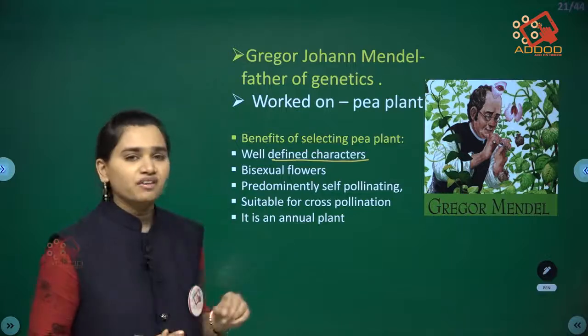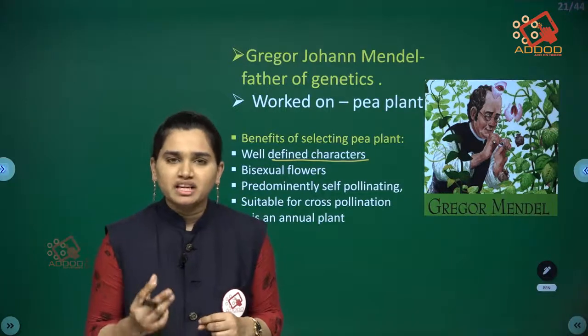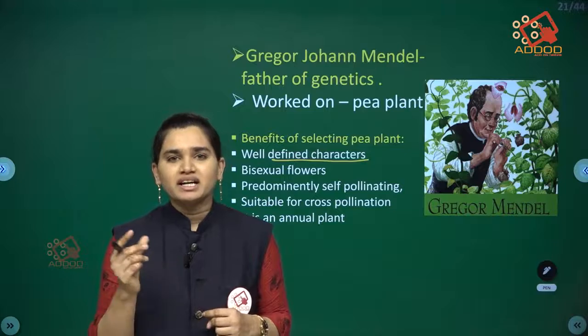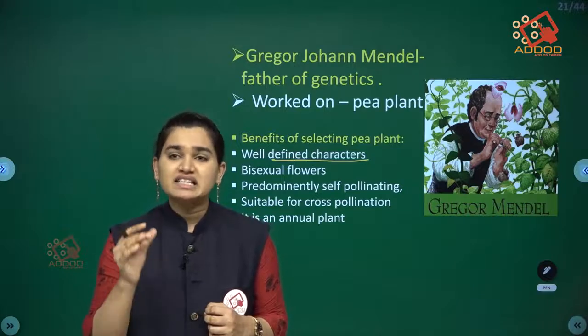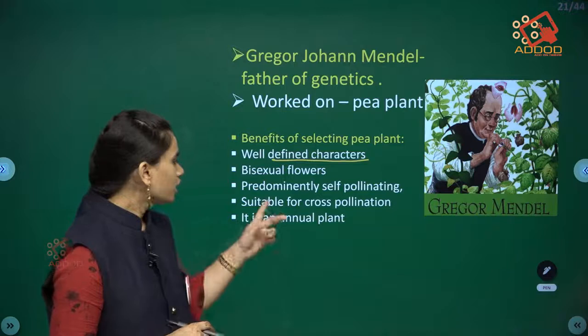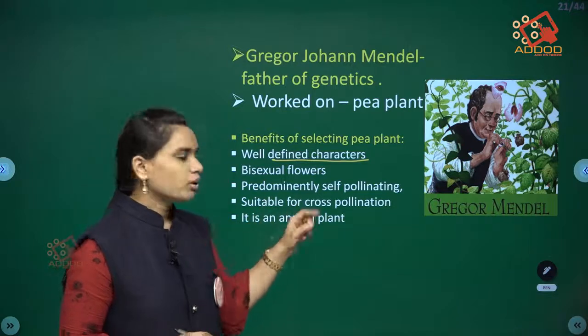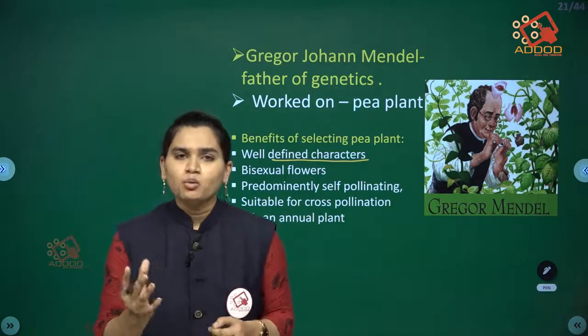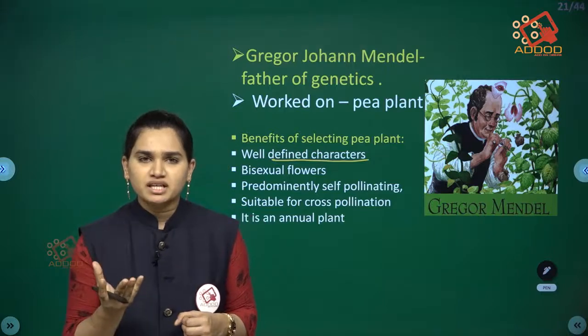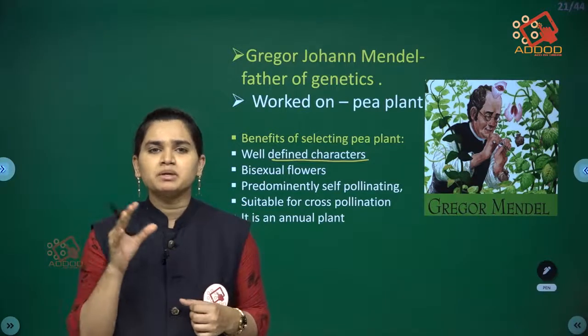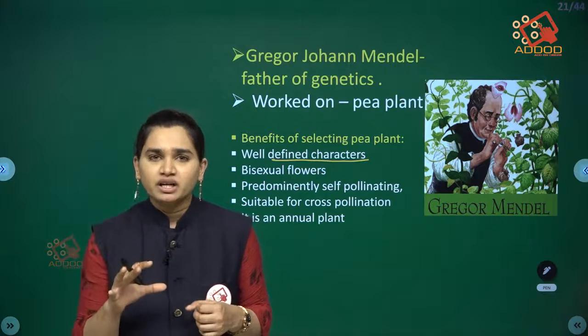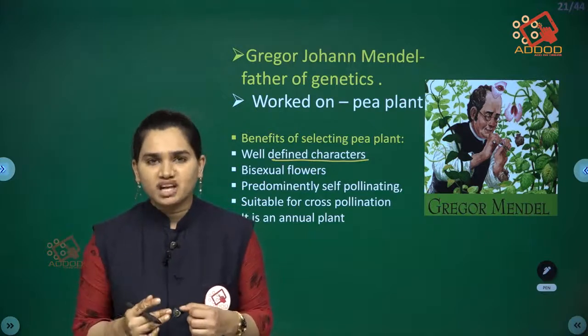Second, it had bisexual flowers. That means both the stamen and style are present in the same flower. The third point is that it is predominantly self-pollinating. When a plant has a bisexual flower, with the stamen and style in the same flower, there are high chances that it undergoes self-pollination.